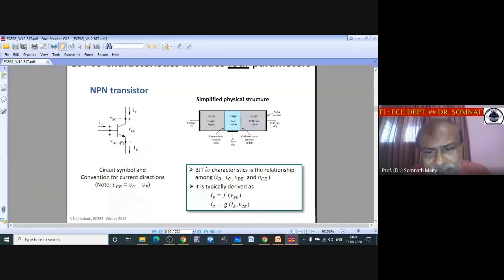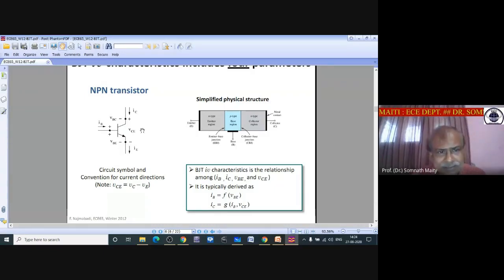Base to collector voltage is not an important parameter because these two parameters independently control the other parameters. So out of these six, four are important: base current, collector current, base to emitter voltage, collector to emitter voltage.